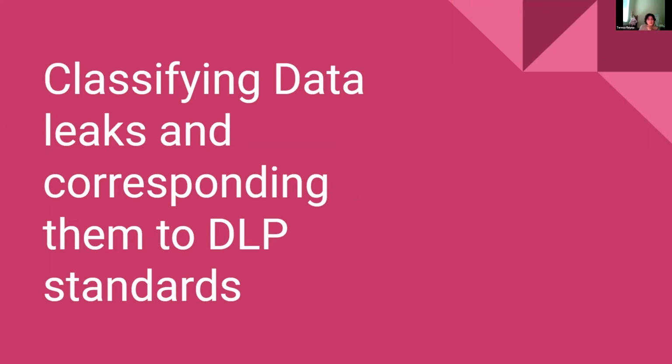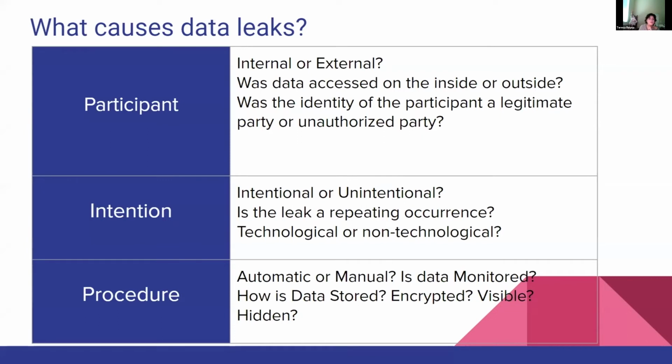So, classifying data leaks and corresponding them to DLP standards. This is what I found was the most common way that data leaks can be identified. What causes data leaks is the participant, the intention of the participant, and the procedure that the participant either abuses or utilizes to initialize the data breach.